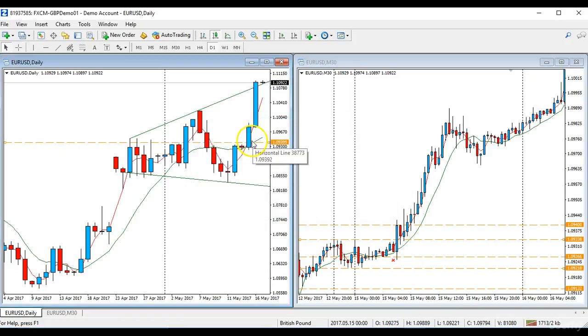Okay, so now what you can see here is that if you put this level that's here onto this daily chart pattern, we already believe that price is going to move towards the other side of this megaphone channel, okay?